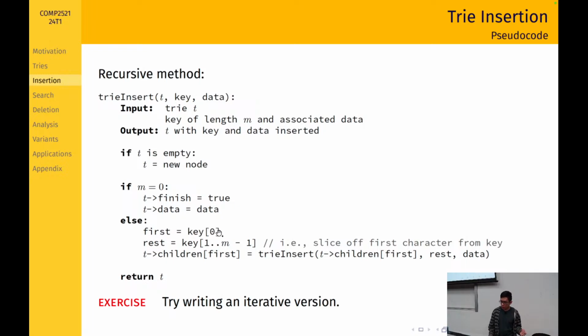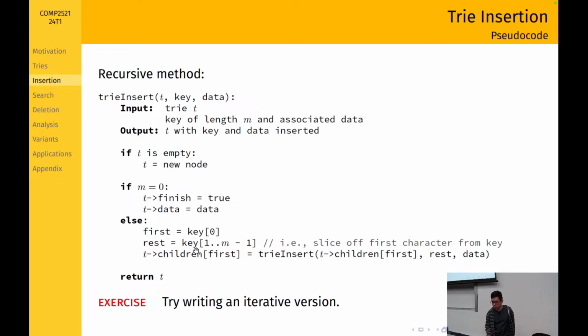Okay? And then we're going to also extract everything from the key except for the first character, right? So this is some special notation here in our pseudocode, which just means remove the first character from the key. Right, so rest equals key from index 1 to n-1.